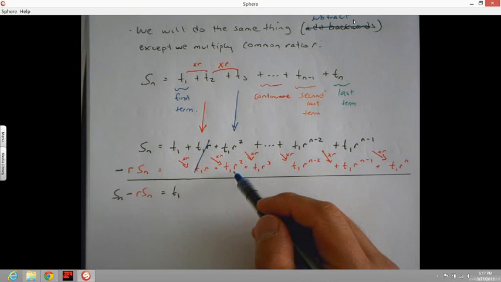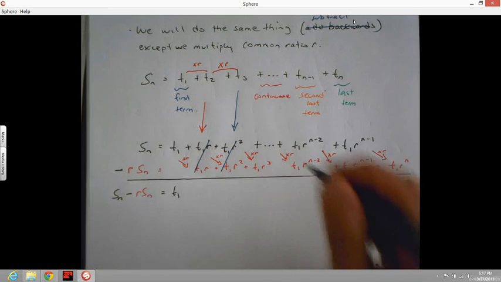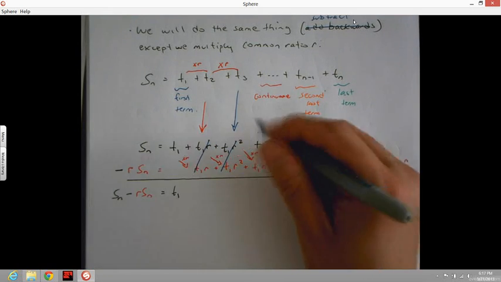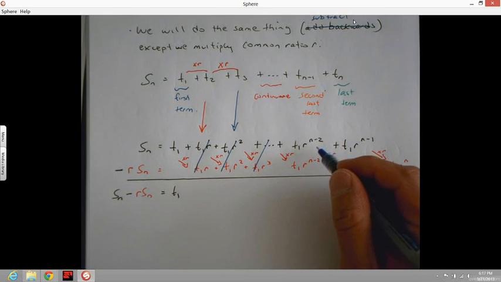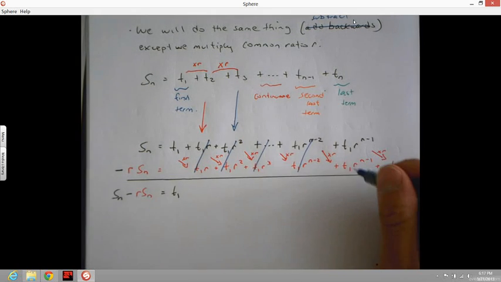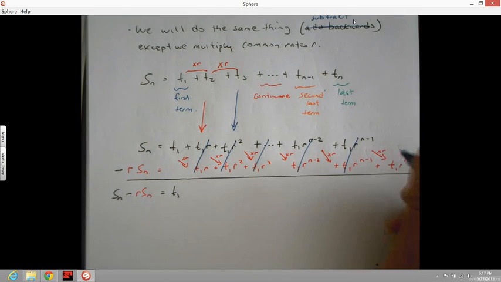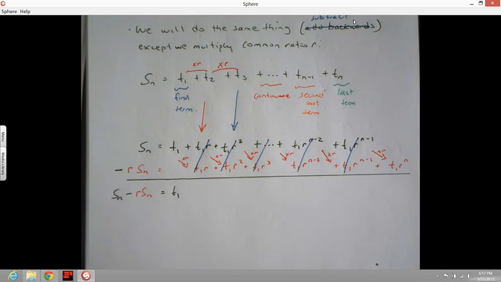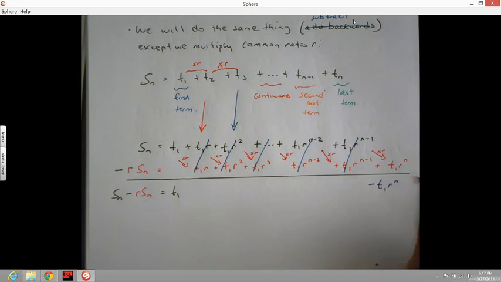T1r squared and T1r squared, when you subtract these guys, they're also just gone. Okay? And so forth and so on. This is gone. T1r^(n-2), if it's subtracted from T1r^(n-2), that's gone. T1r^(n-1) subtracted from this one is also gone. And this subtracted from here, there's going to be a minus sign for this T1r^n. It's going to be minus T1r to the n.